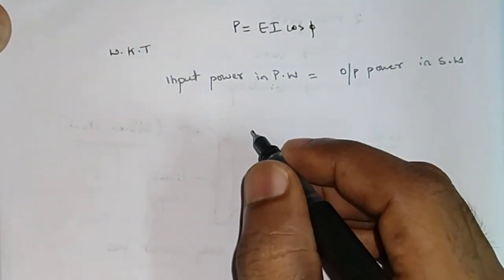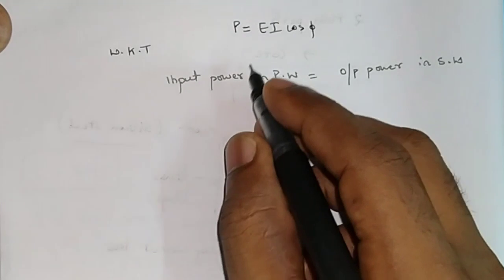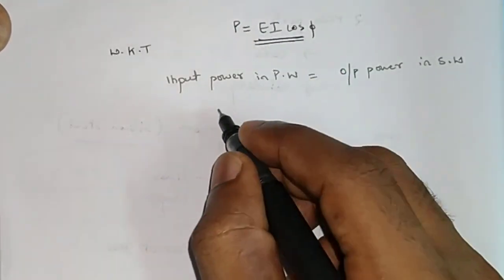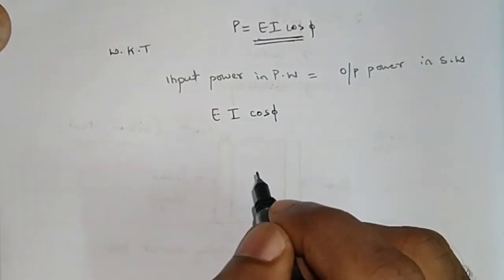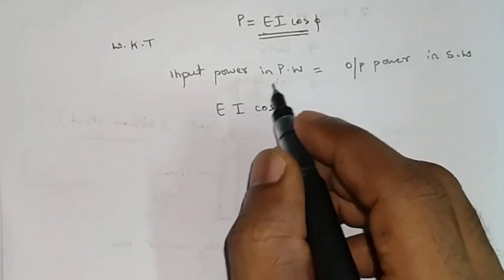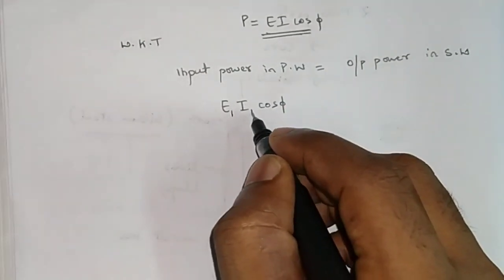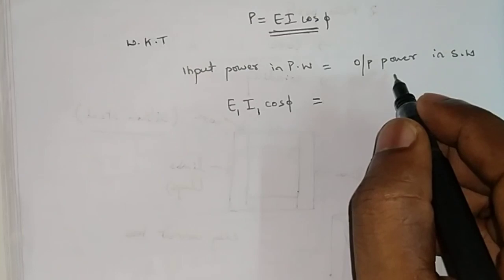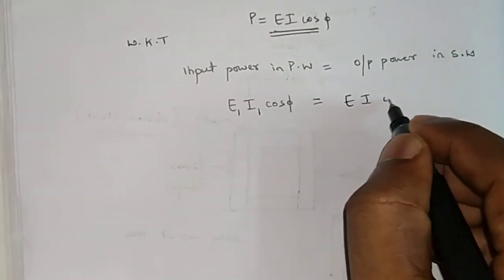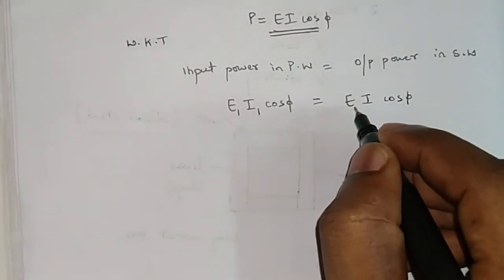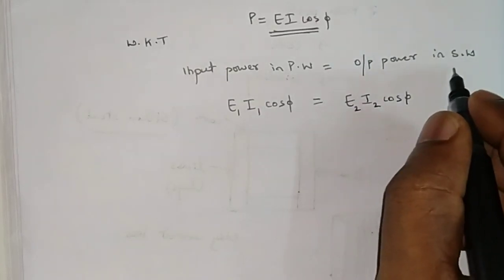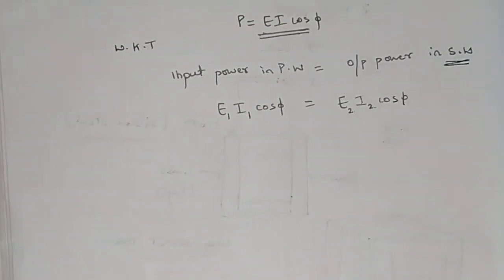So input power in the primary winding, the formula will be E I cos phi. In the primary winding, EMF induced is taken as E1, the current is taken as I1, is equal to the same formula for power, E I cos phi. So E will be E2, I will be I2, because this is power in the secondary winding.